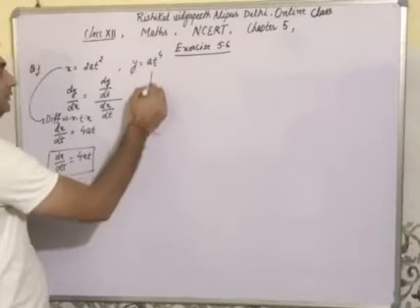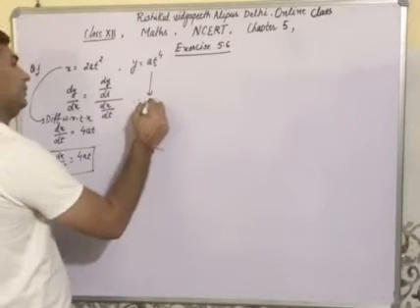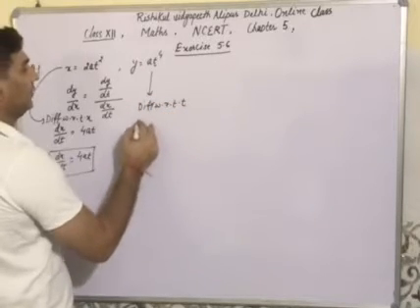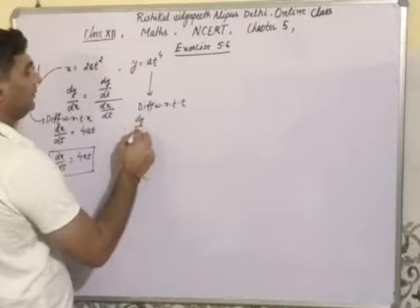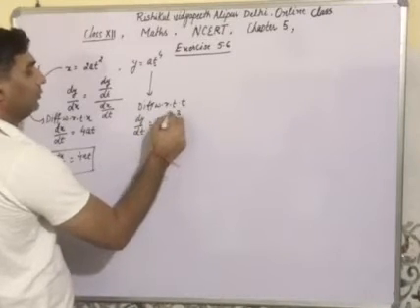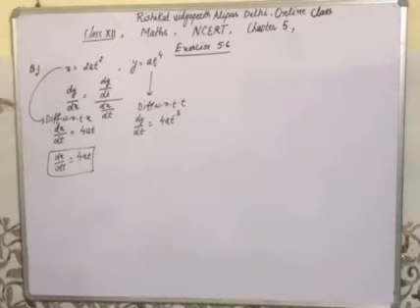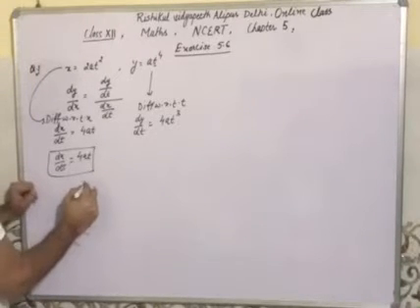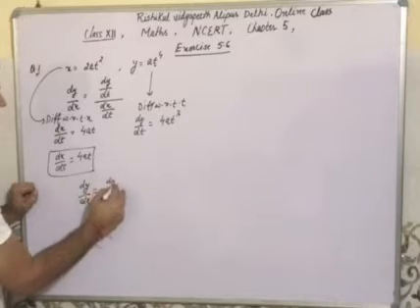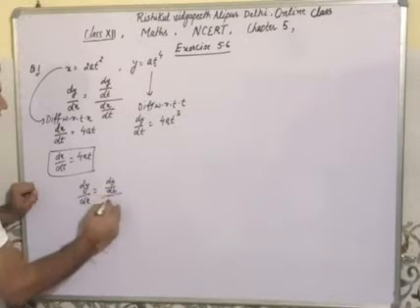Then differentiating y with respect to t, dy by dt is equal to 4at cubed. Then dy by dx is dy by dt upon dx upon dt.